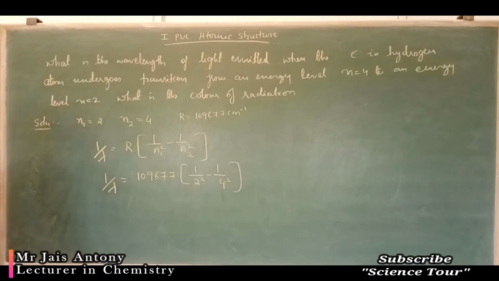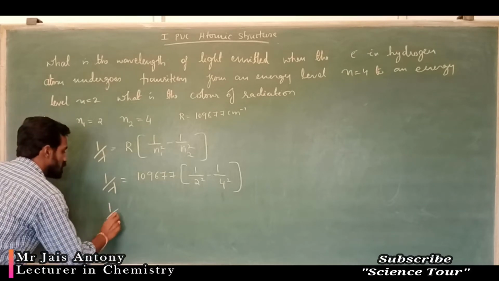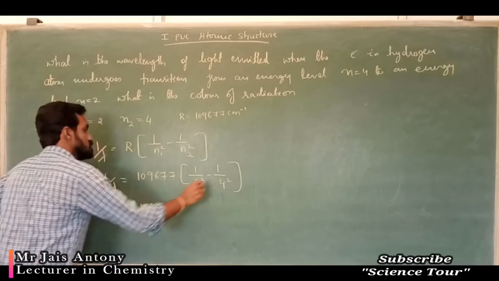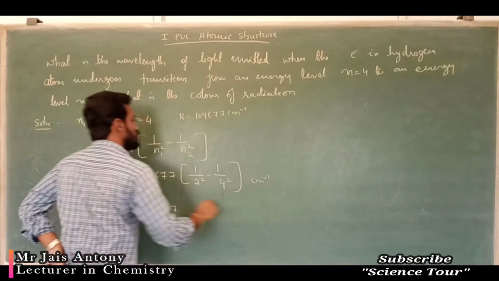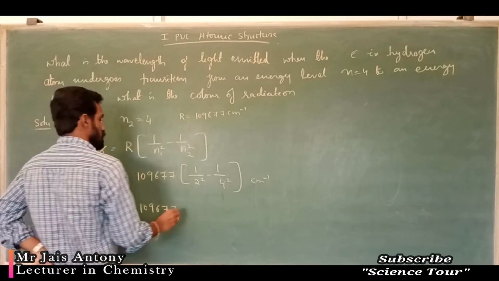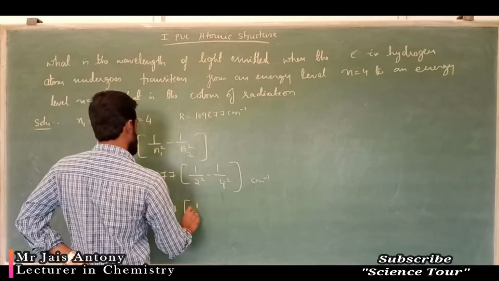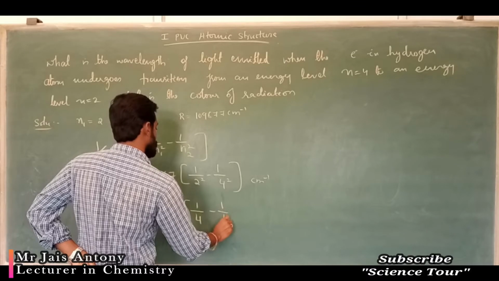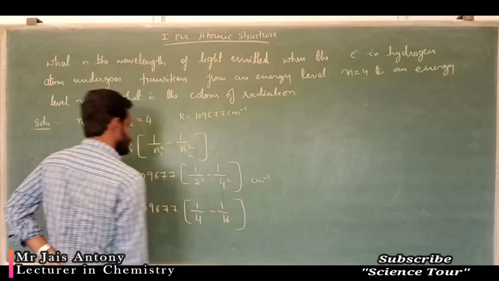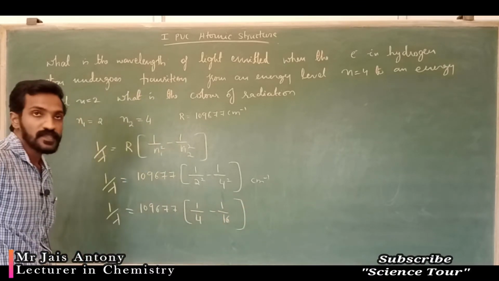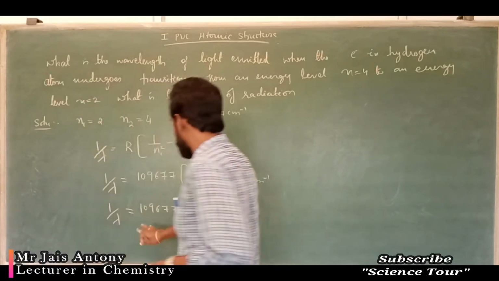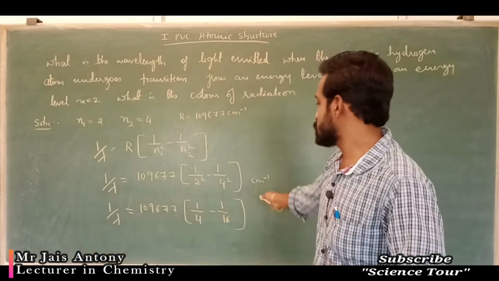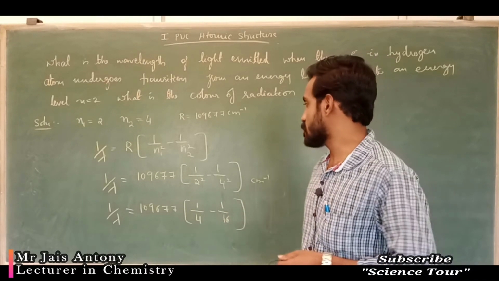Then 1 by lambda is equal to 109677, the entire unit being centimeter inverse, into 1 by 4 minus 1 by 16. So now this part is clear. 2 squared is 4 and 4 squared is 16.